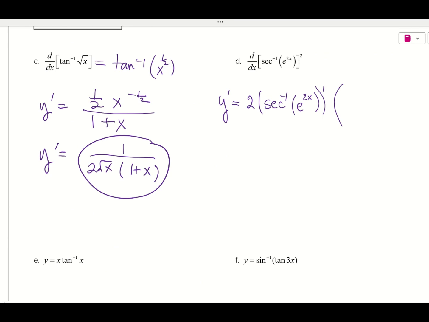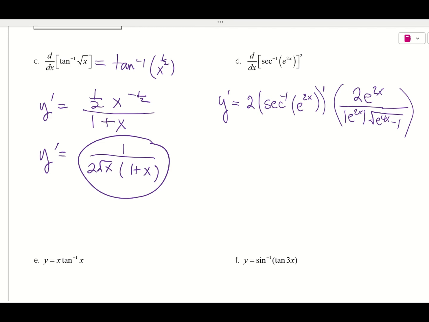Okay, so it would be the absolute value of e to the power 2x, and then it's going to be the square root of u squared. So if I square e to the power 2x, I get e to the power 4x minus 1. And then the derivative of e to the power 2x would be 2e to the power 2x.